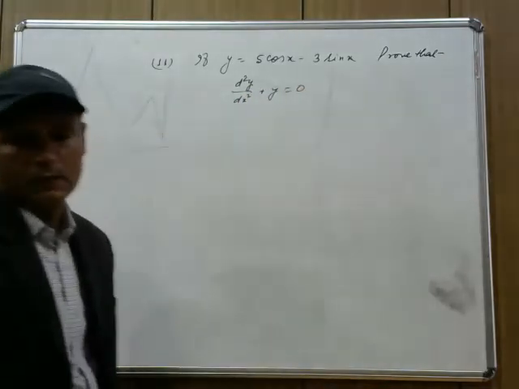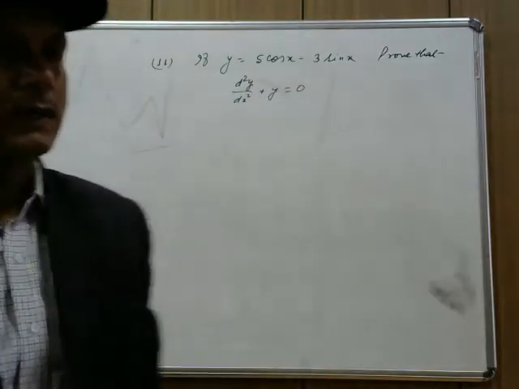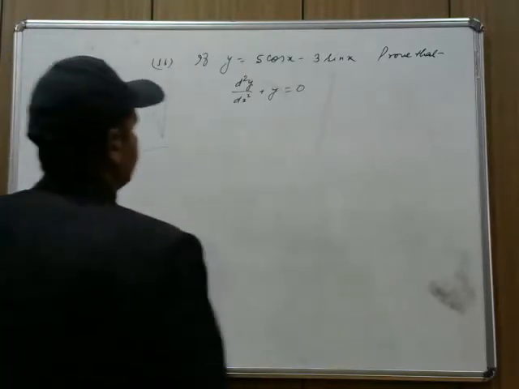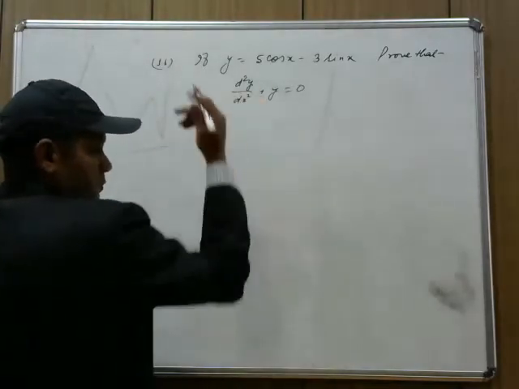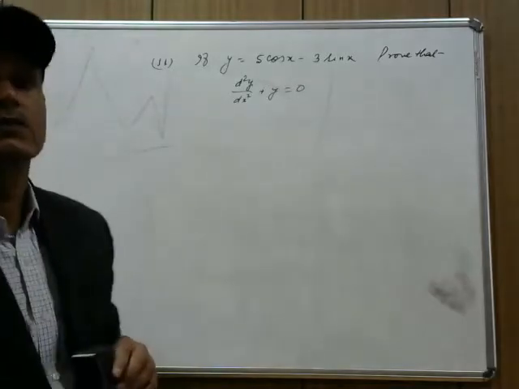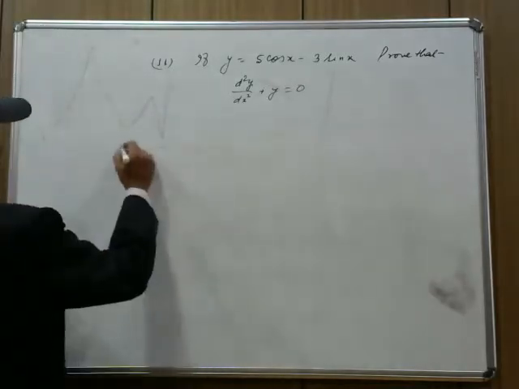This is the question. Here d2y by dx square means we have to differentiate it 2 times. See the solution of this question.